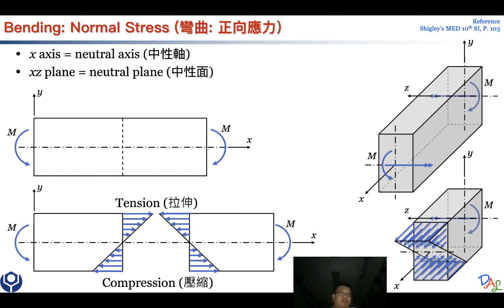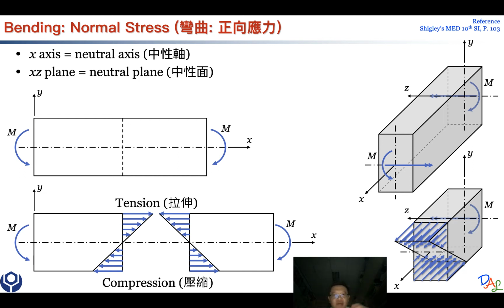So let's review what's going to happen if we try to bend a long material like this. From here you can tell I'm already setting up a coordinate system x and y. So this is a 2D problem because everything is the same along the z direction. If you view from the right hand side, z is from left to right, and everything looks the same along z.